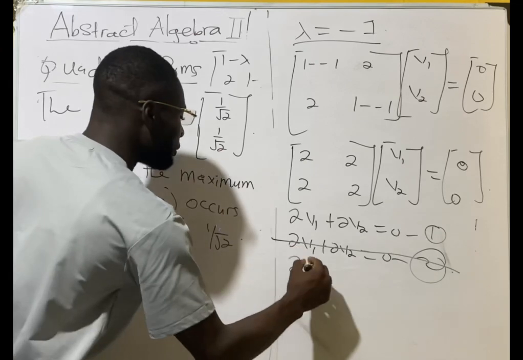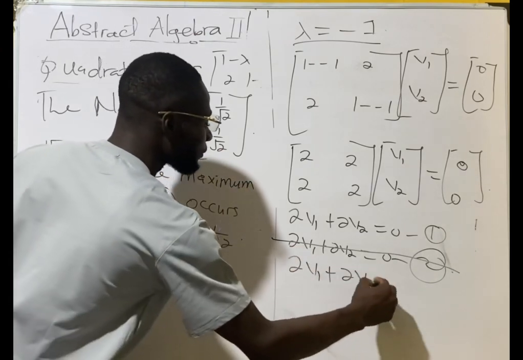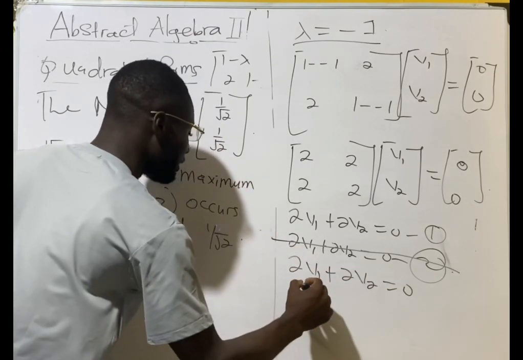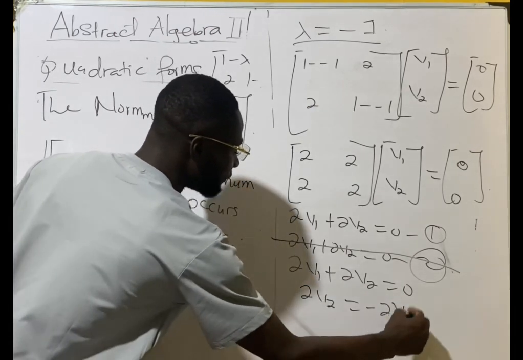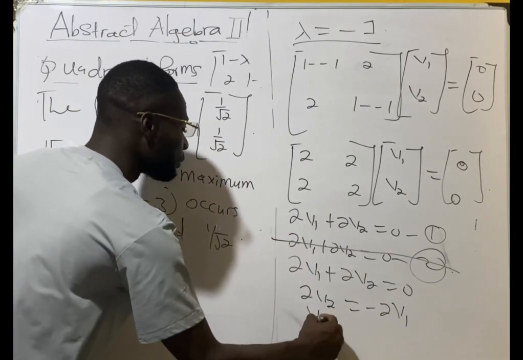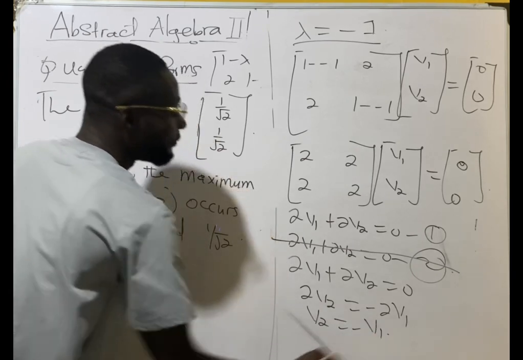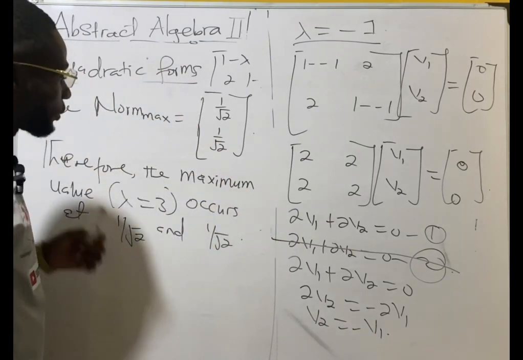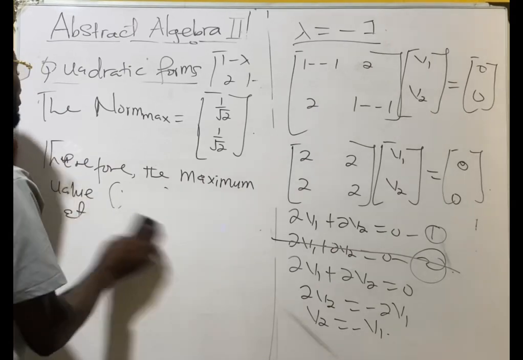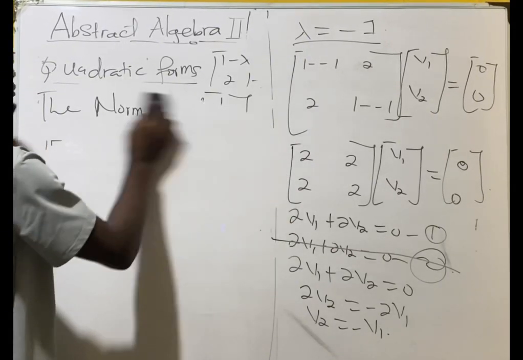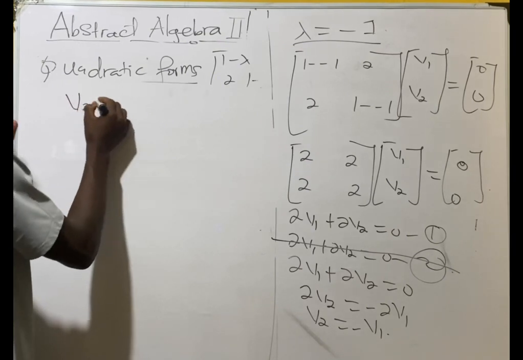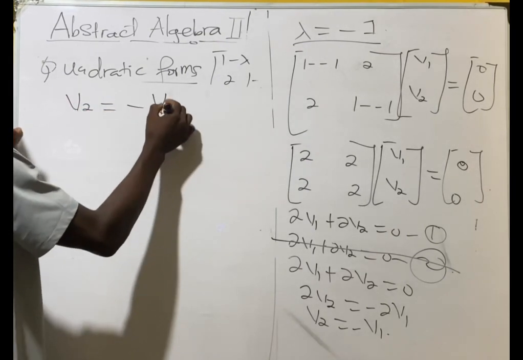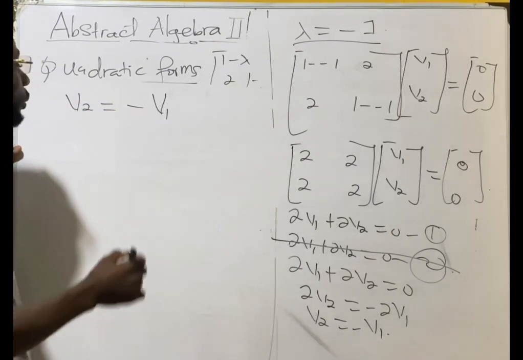We use equation 1 equals 0. So we're going to say that 2v2 is equal to negative 2v1, right? So we have v2 is equal to negative v1, right?